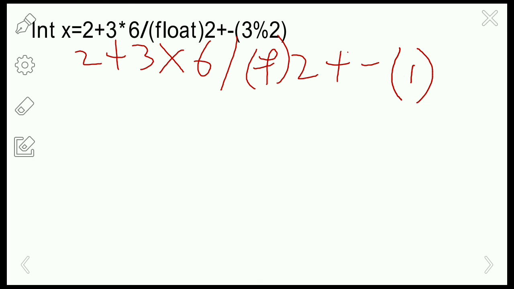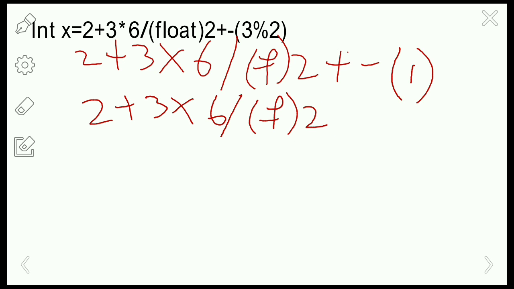Next we have to evaluate the unary minus, and the expression becomes 2 plus 3 into 6 by float of 2 plus minus 1, because the parenthesis is evaluated first.